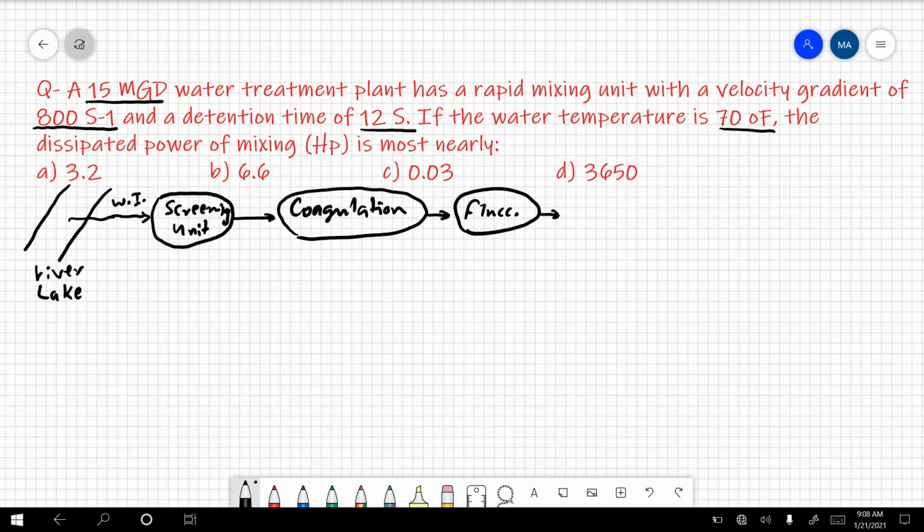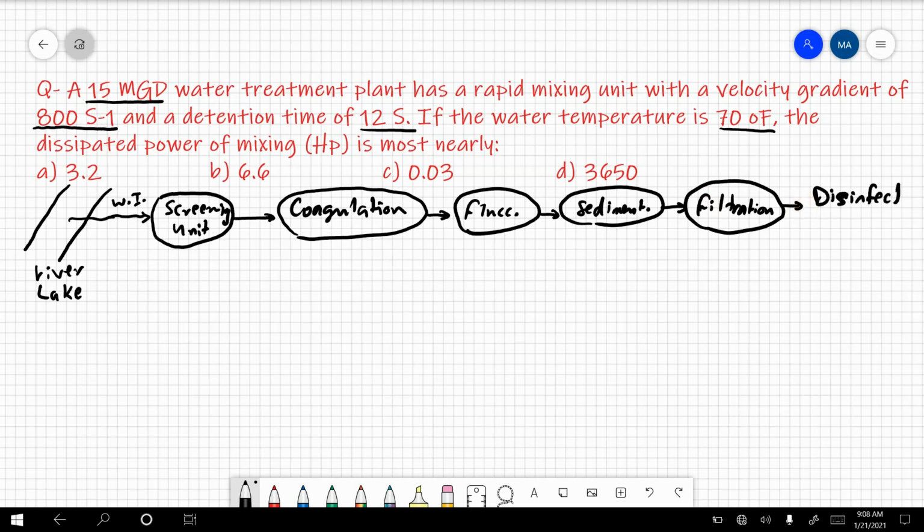And after flocculation, we have our successive processes like the sedimentation, and then followed by filtration, and then disinfection, and then distribution or pumping to the consumer.